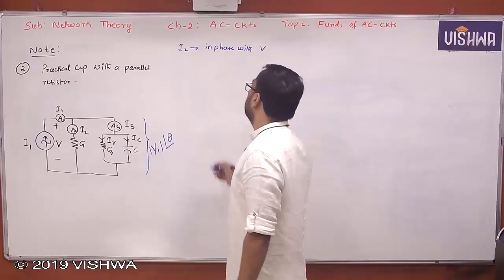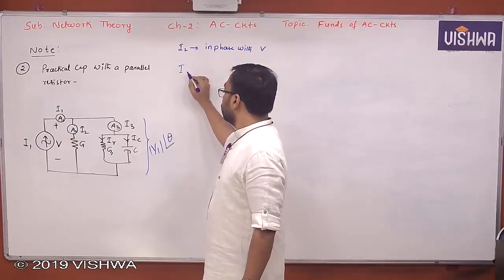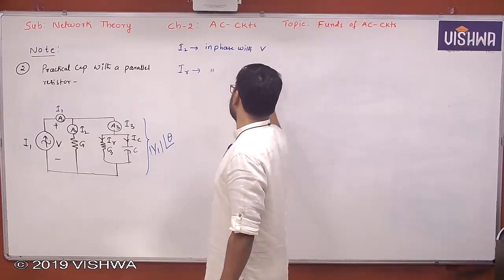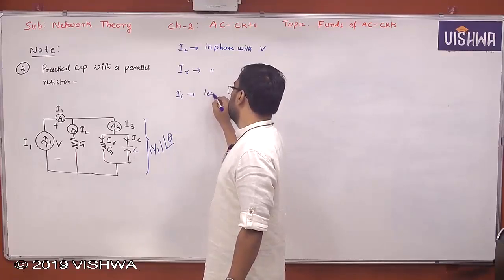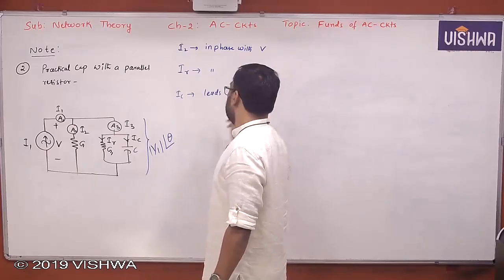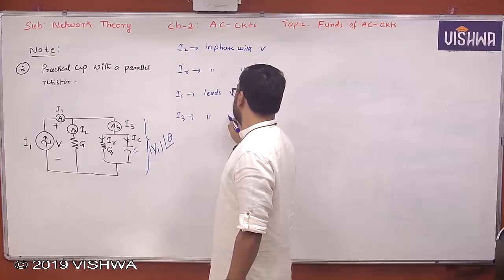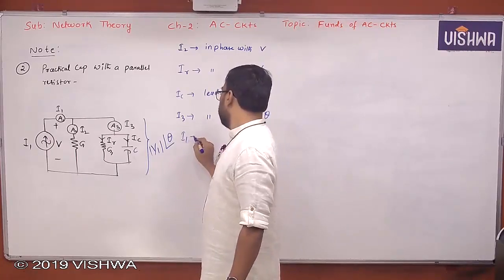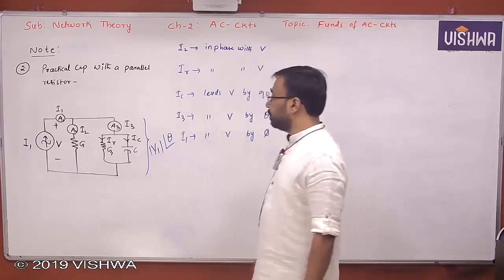Now, here I3 or IR is also in phase with V. IC leads V by 90 degrees. Next, I3 leads V by angle theta. Then I1 also leads V by some angle phi. Understand?